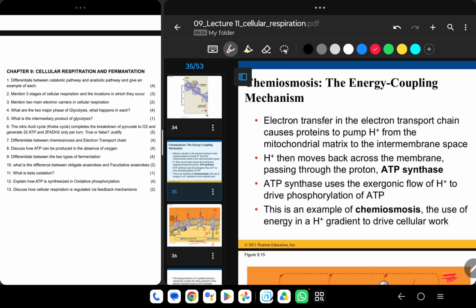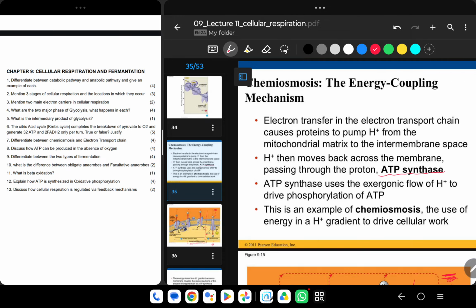So here, what happens is that you have the electron transport chain. You have the proteins that pump what? That pump H plus ions from the mitochondrial matrix to the intermembrane space. And then those H plus ions move back across the membrane, passing through the protein. And that protein is what? ATP synthase, which is an enzyme as well.